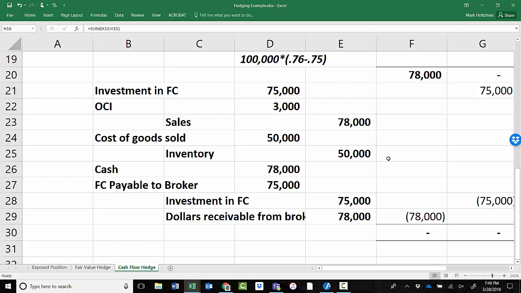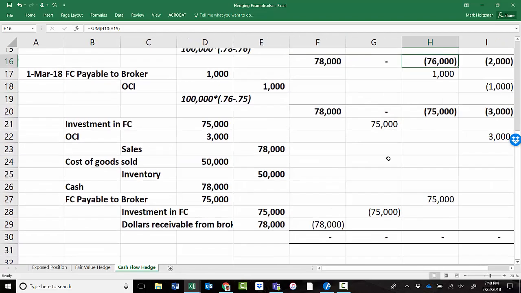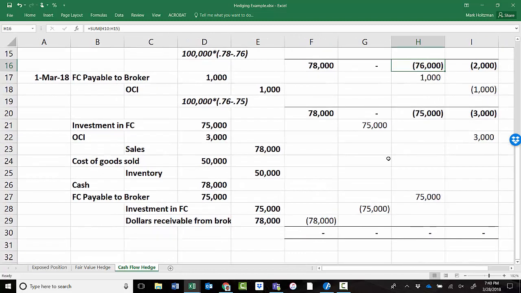I credit investment in foreign currency because that's on my books over there. I debit foreign currency payable to broker because I've got to get that off my books also. I paid it off, and therefore everything is off my balance sheet. The accumulated OCI is completely gone, and I booked $78,000 in cash, in sales.